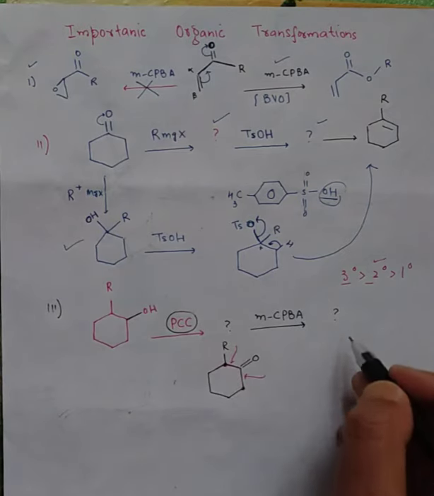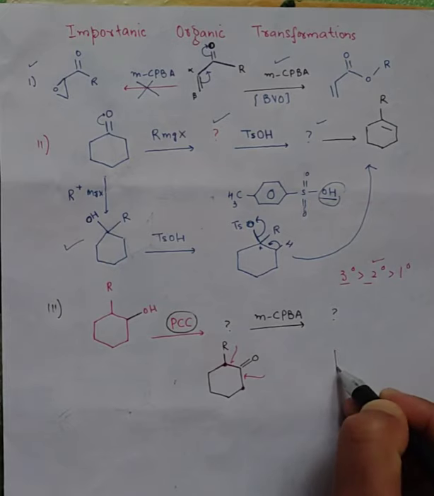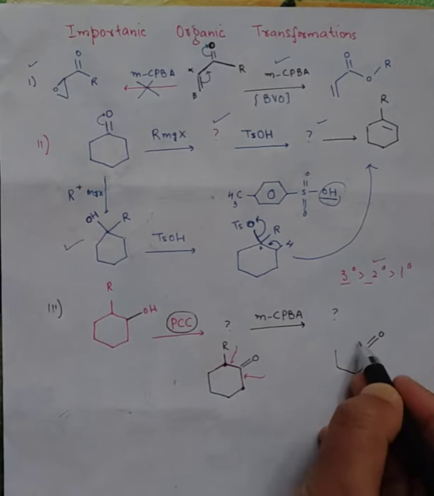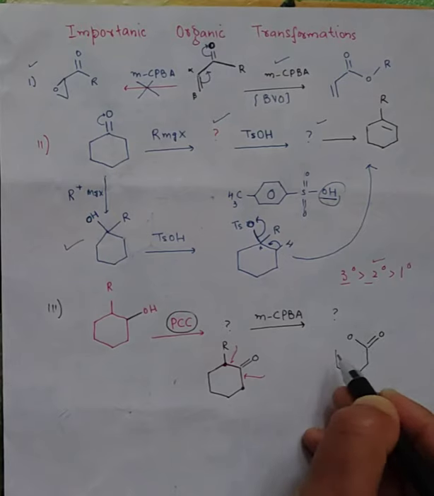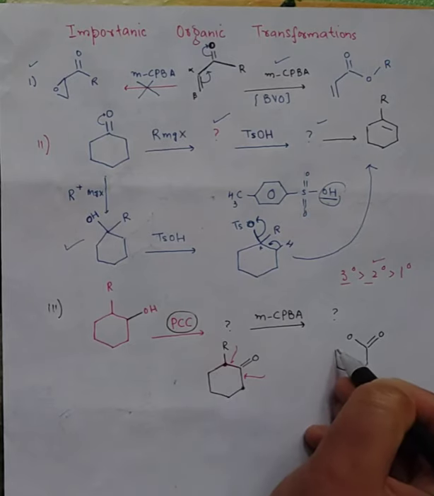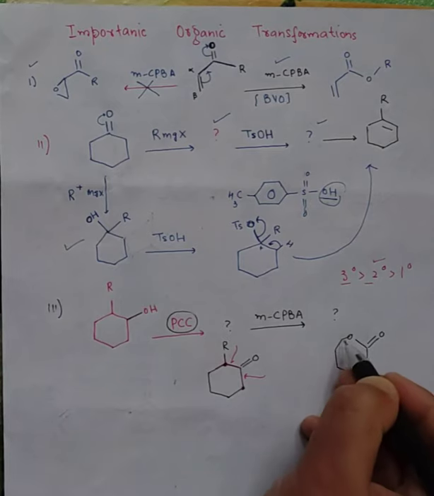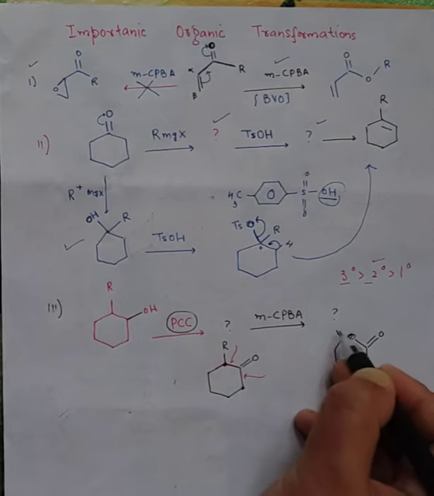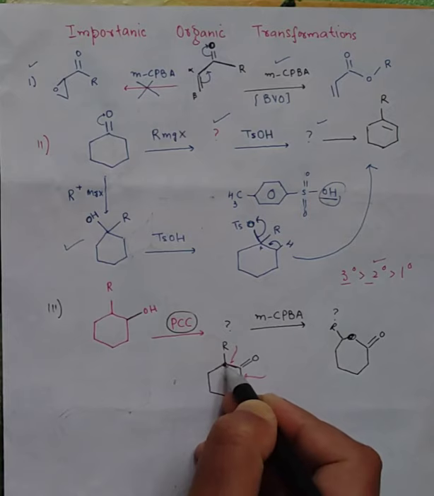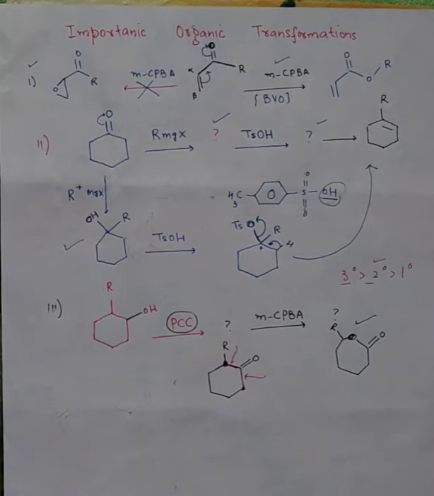So we will write our final product like this: this is your carbonyl, and we get the oxygen here, with R here. I've inserted this oxygen between this carbonyl and this carbon, because this carbon is 2 degree. So this is the final product formed.